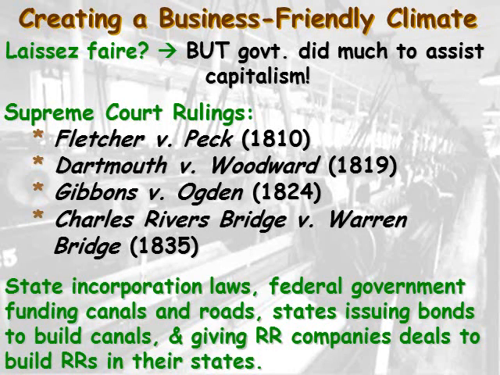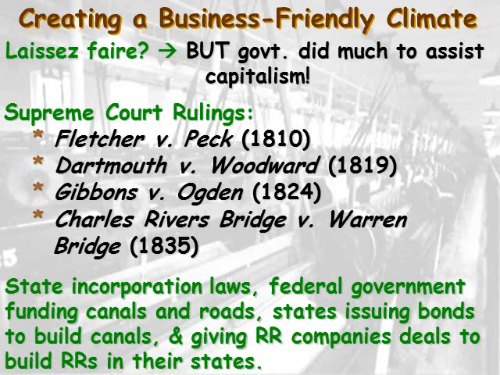And then a little more general, it's not just the judicial branch that helps create a business-friendly climate, but it's all the branches of government, including the state governments. State and corporation laws make it easy for corporations or businesses to form. The federal government had a huge hand in funding different transportation means, including canals and roads.